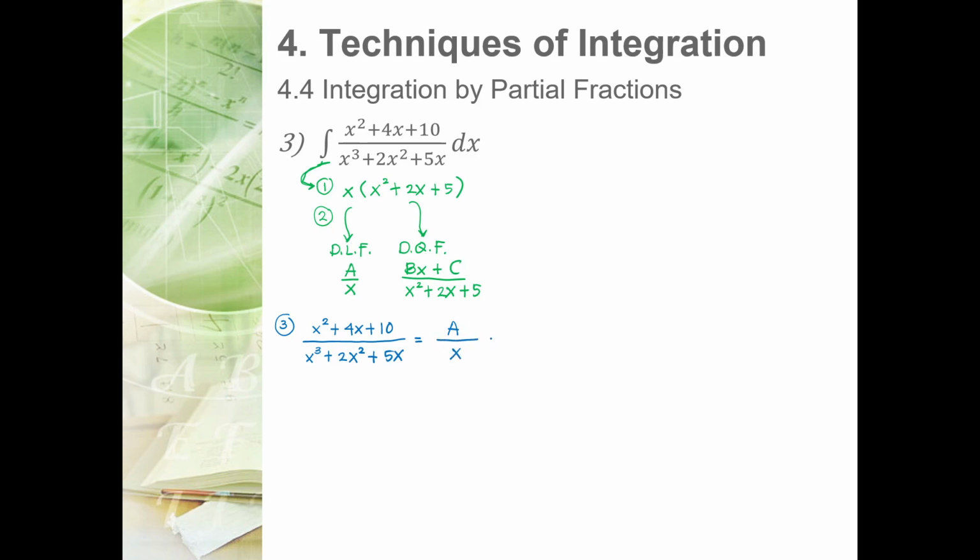So A over x plus bx plus c all over x squared plus 2x plus 5.